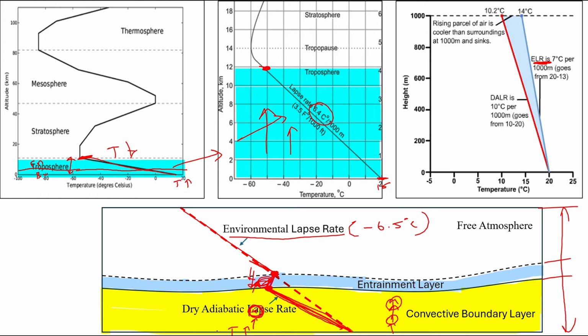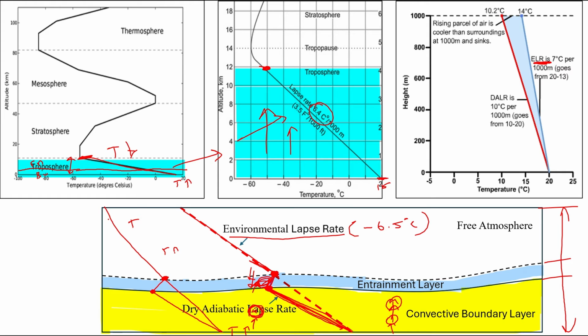If the atmospheric boundary layer is not there, it is simply like a single troposphere layer. We will get only one line as a temperature profile. Because of the convective boundary layer and cooling of air parcel, temperature is dropped within this convective boundary layer, but after this boundary layer, in the free atmosphere, it has to catch up with this temperature, so there is a formation of the entrainment layer which does the well mixing and increases the temperature to the environmental lapse rate.